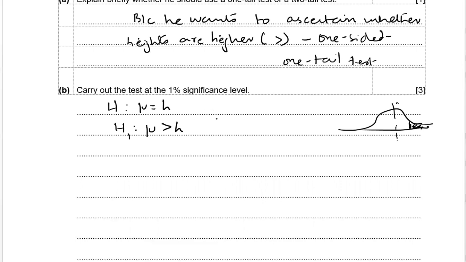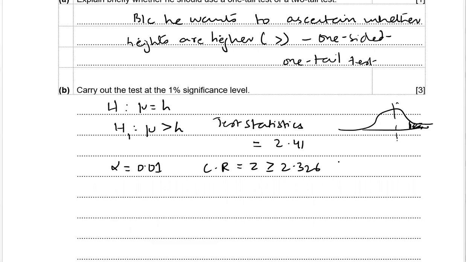So test statistics is equivalent to 2.41, okay, and at the 1%, 2.326, we reject H naught, okay.